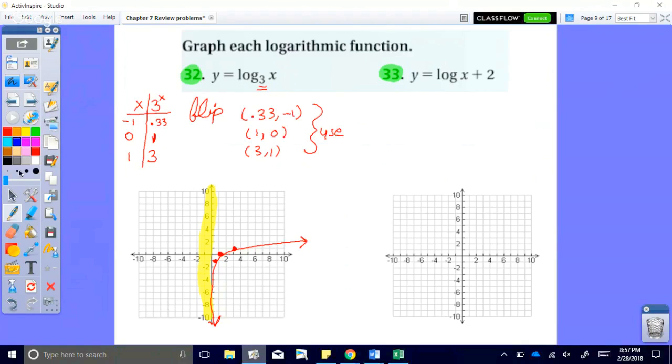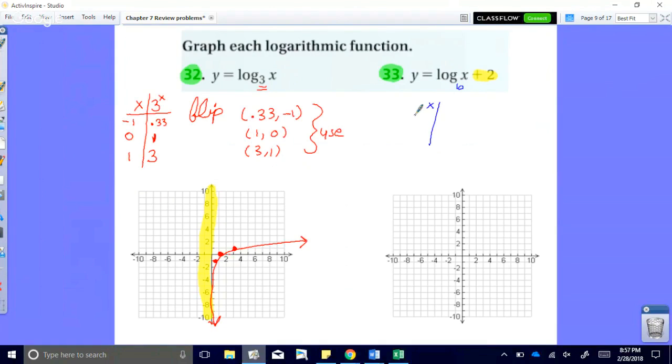Okay, so same type of thing on this next one, but here we have a +2, which tells me it's going to go up 2. Okay, the base, if you don't see one, there's like a 10. So we're going to use 10 to the x. So again, if I plug in -1, 0, and 1, I end up getting 0.1, 1, and 10.